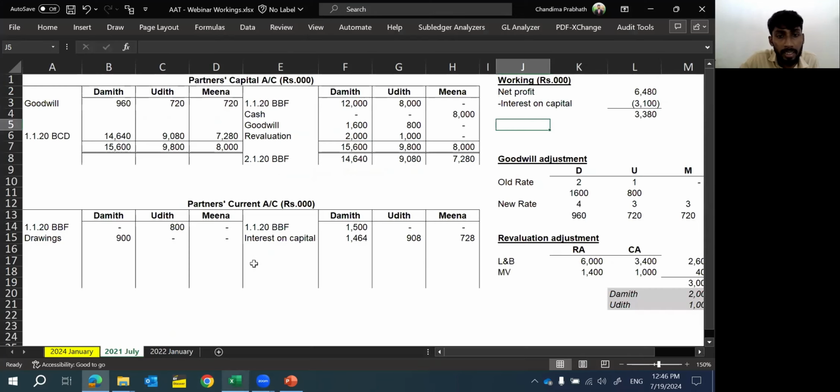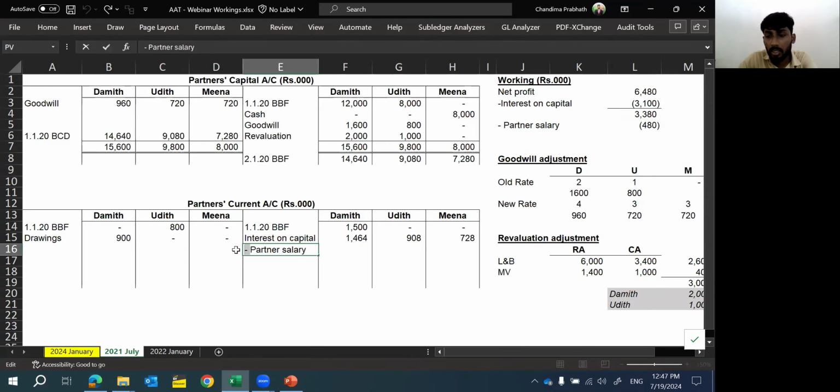So I am taking 480 out of the 3,380, and I am crediting that partner salary to the current account of Udit. It's entitled by Udit, not any other one. Okay. Done.